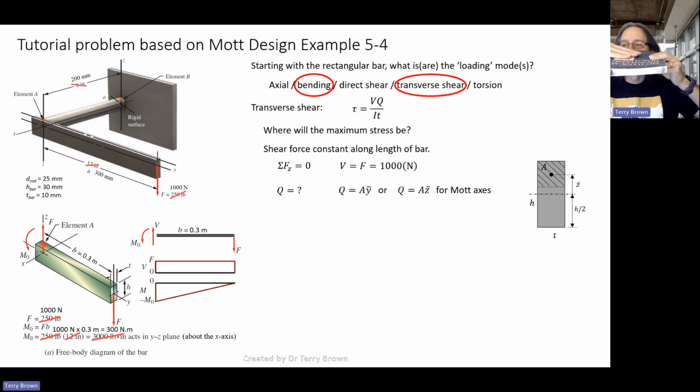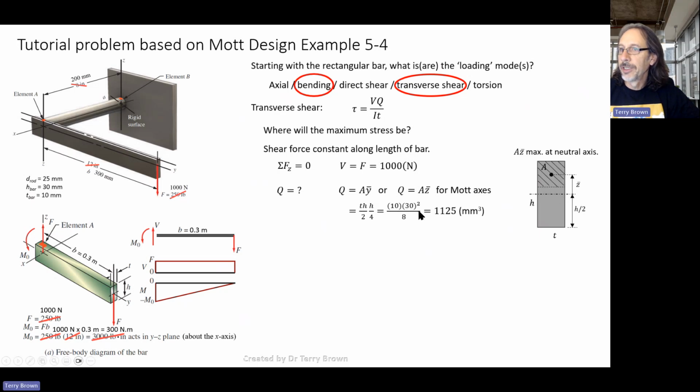So the shear stress on the top is 0. And as we come down, the area gets bigger and bigger. Z gets a bit smaller, but the first moment of area is maximum when we have this shear plane at the neutral axis, okay, when A is the biggest. So the maximum shear stress or maximum transverse shear is at the neutral axis.